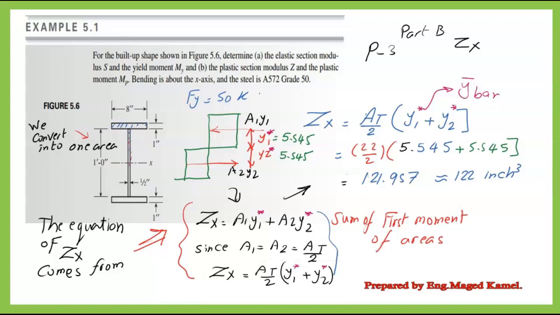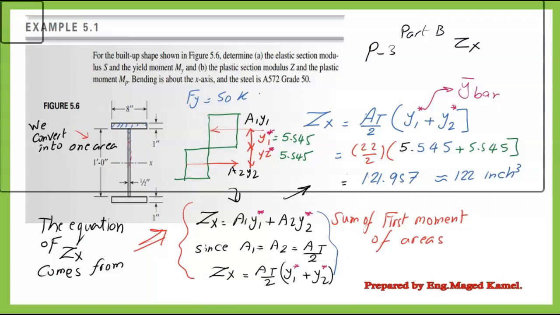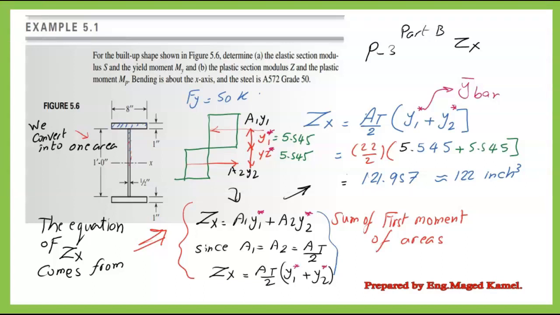Y1 star equals Y2 star equals Y bar, which we have estimated. Z sub x equals 11 by 2 by 5.545 equals 122 inch cube.